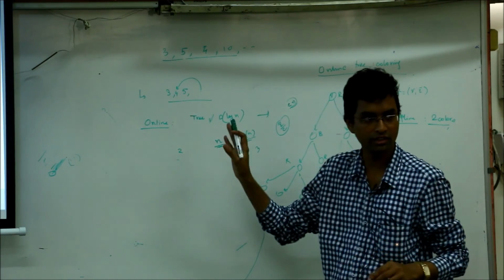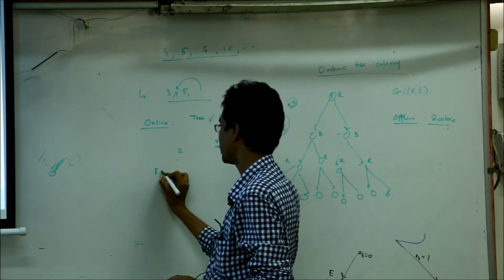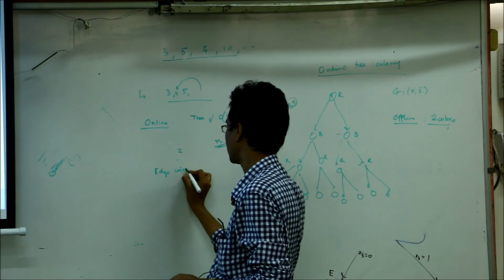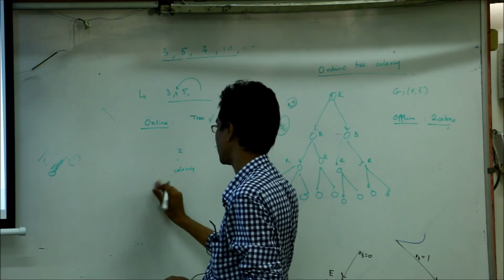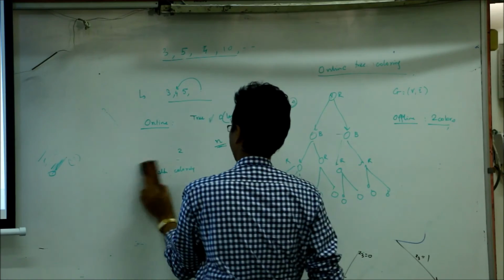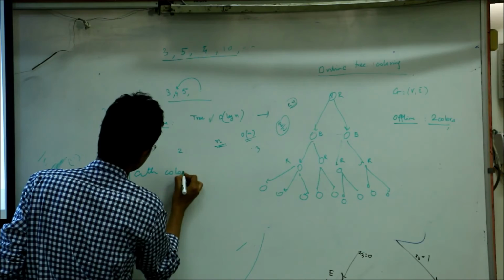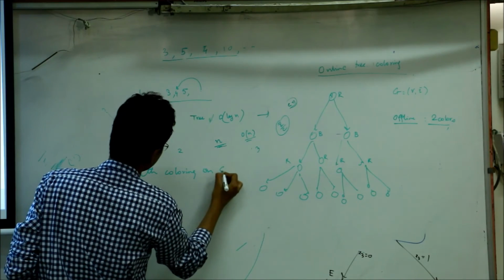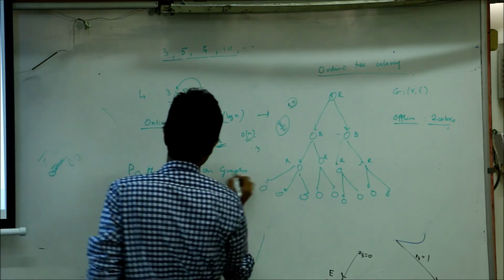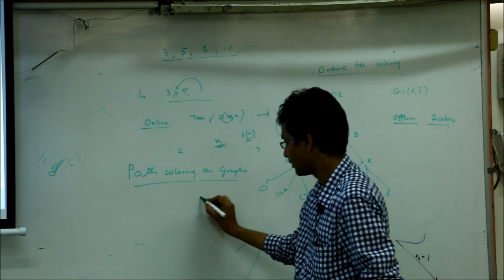Okay, so the problem which we don't have a solution for is edge coloring on graphs or path coloring on graphs. Here we are given some graphs.